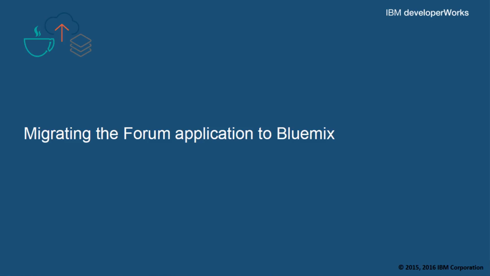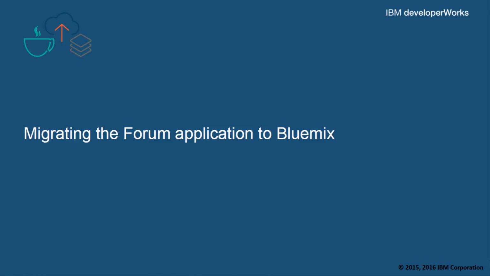Now, the next step is the exciting step. We're going to be talking about the very first step of migrating the forum application to Bluemix. As the analysis report indicates, we will need to use the SQL database services.